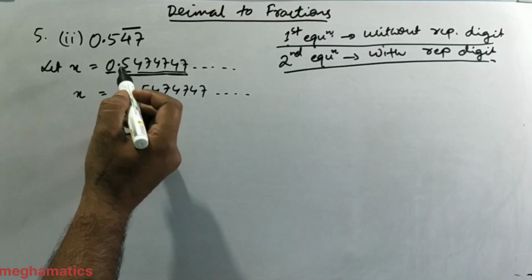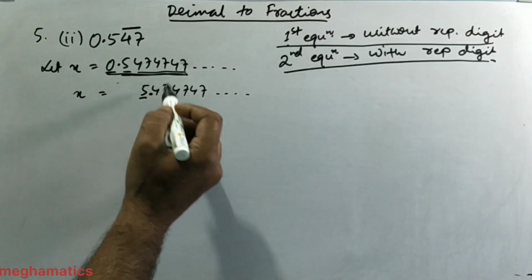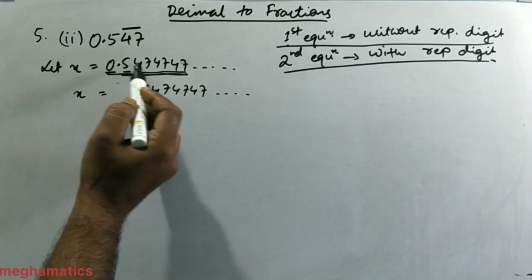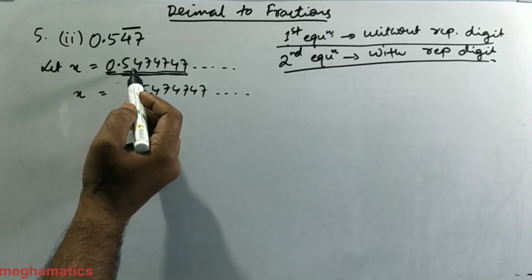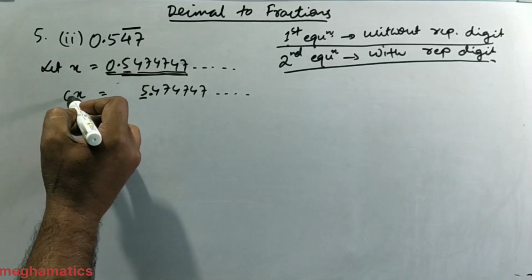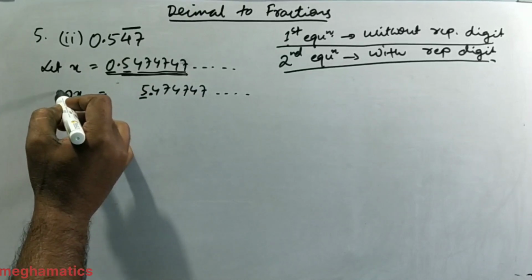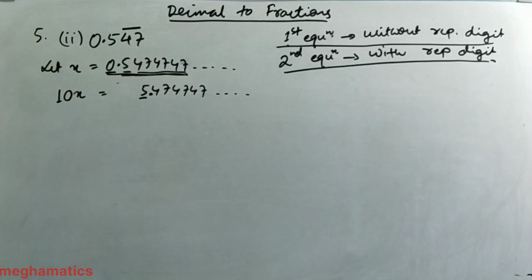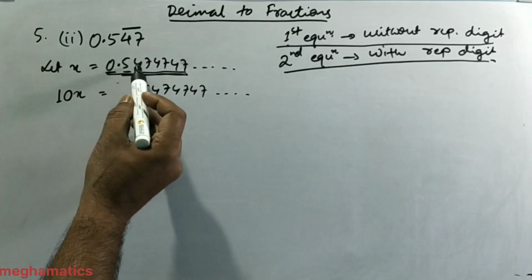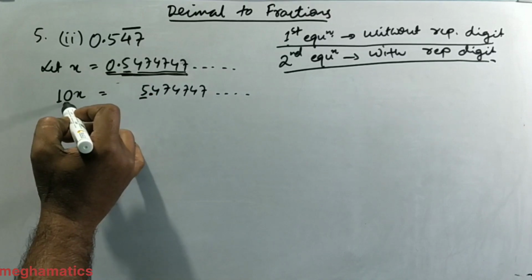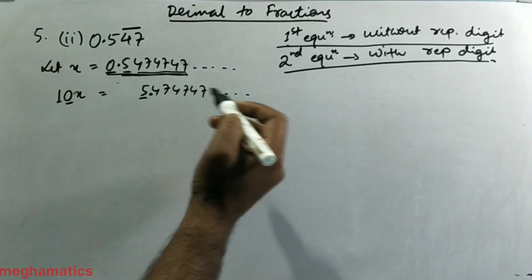Now if we compare this equation with that, the point has moved only one digit towards the right, so there will be one 0 with the 1 multiplied with x. Since the point has moved one digit to the right side, there is one zero with 1.